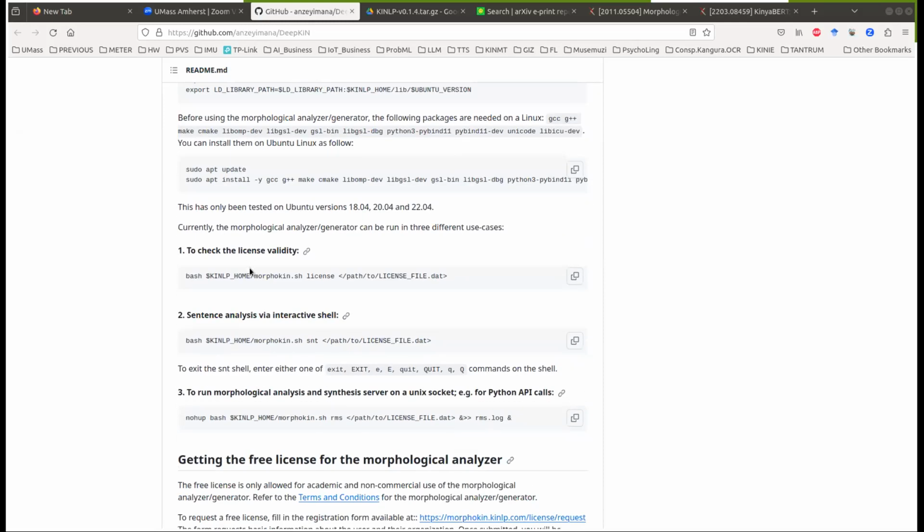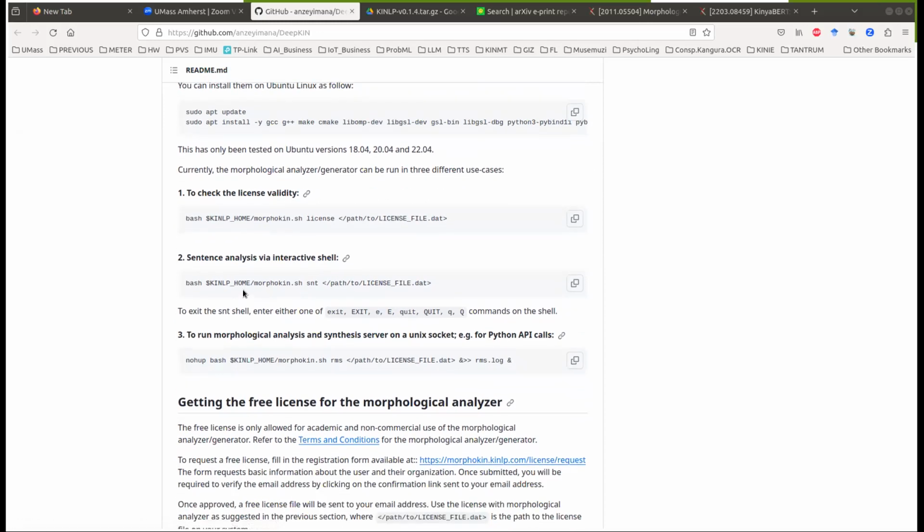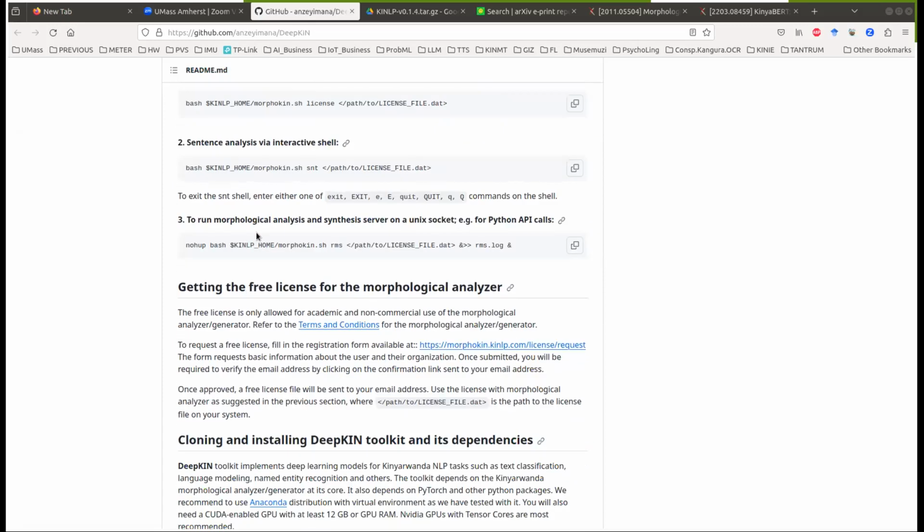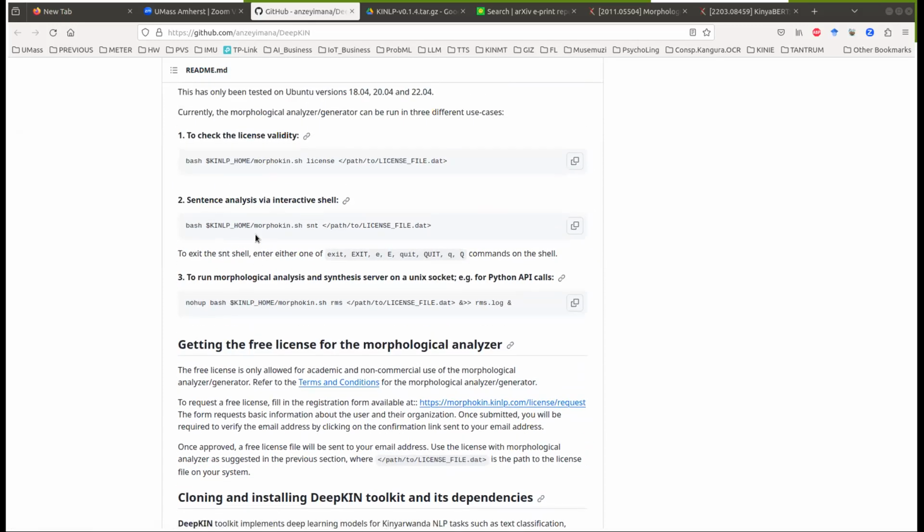So you can go through this tutorial. It requires some Python experience to understand it if you want to go deep into the code, but you can also run it without dealing with the code. So that's the morphological part. It has two examples of running it.